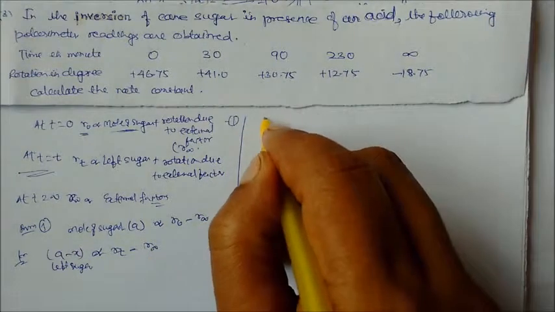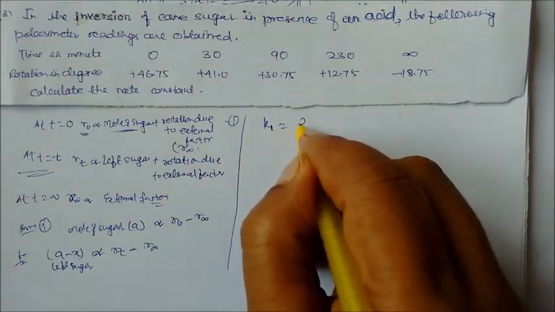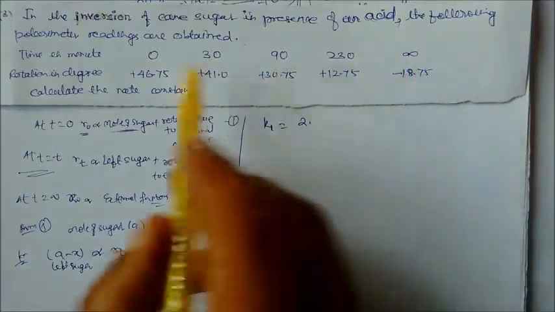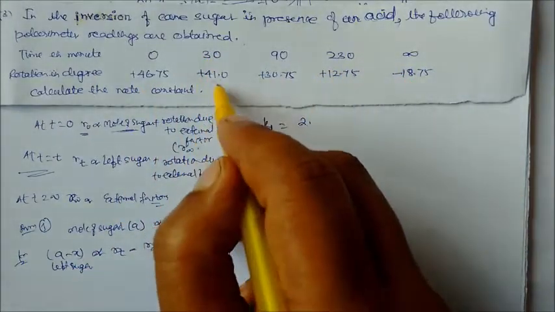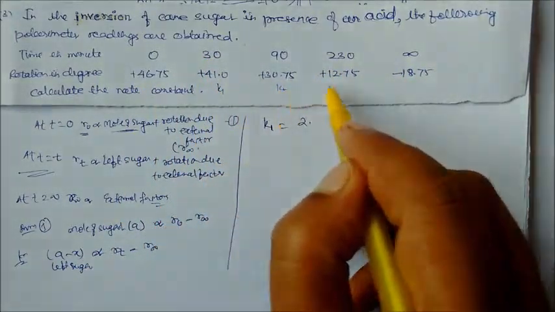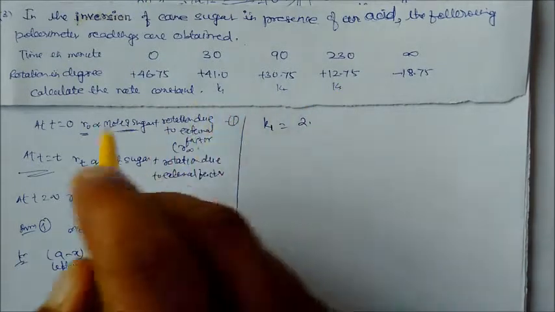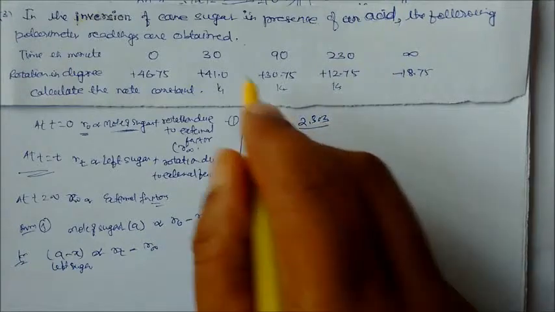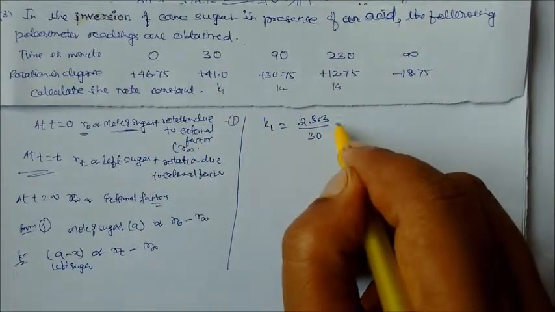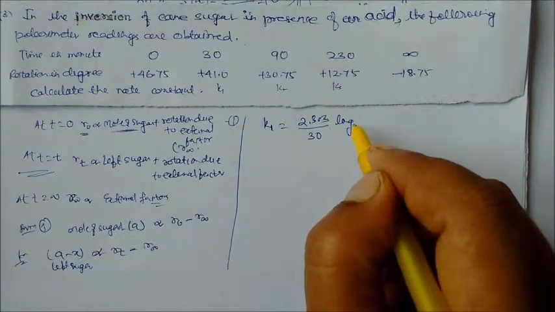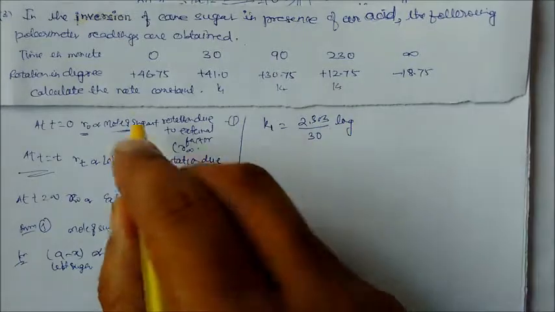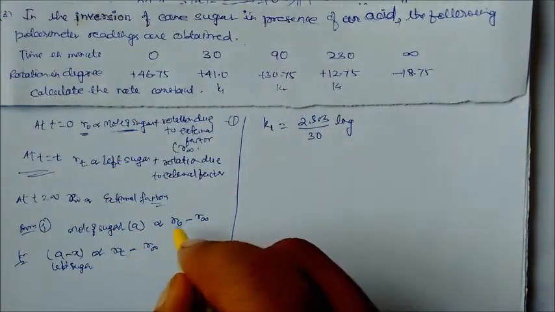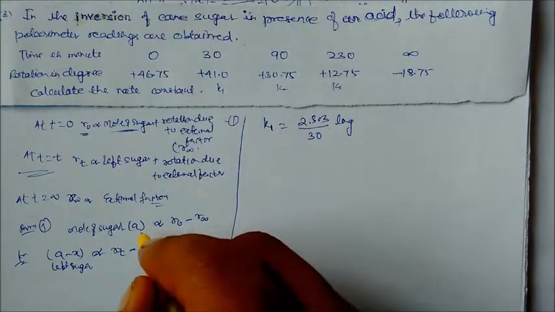Easily we can see here, we have K1, K2 and K3. So what will be K1? It is 2.303 over the time, which is 30 minutes, times log of R0 minus R infinity over RT minus R infinity.